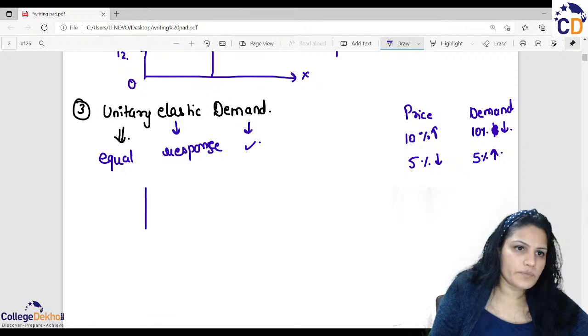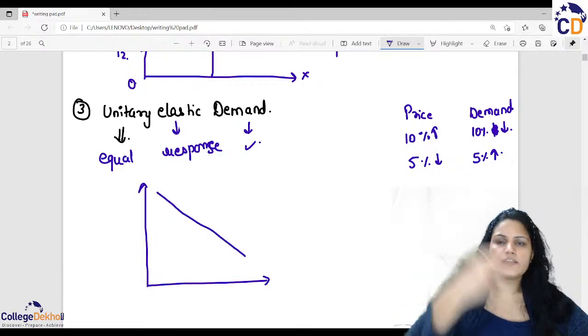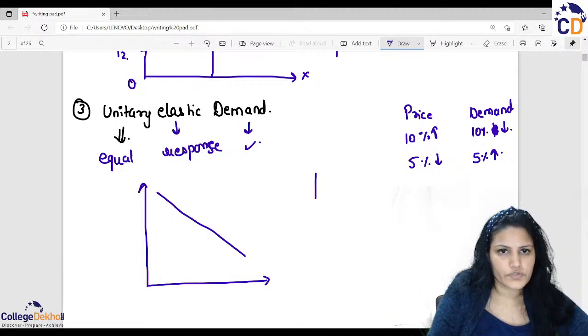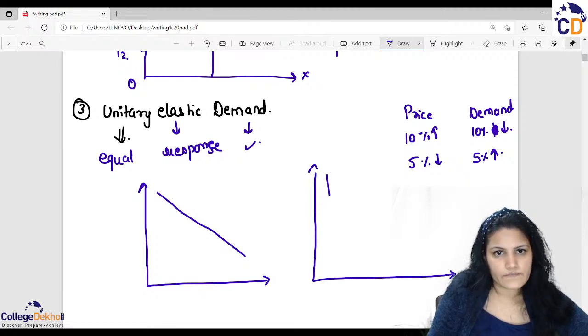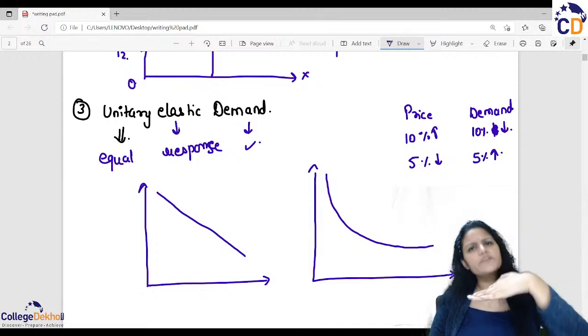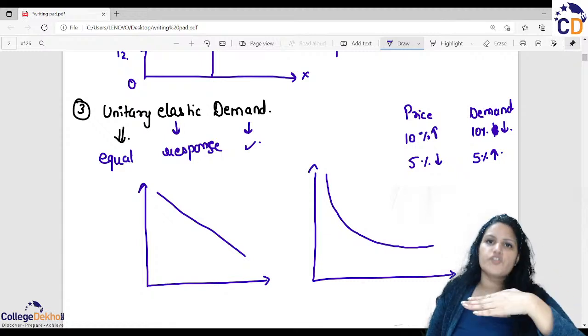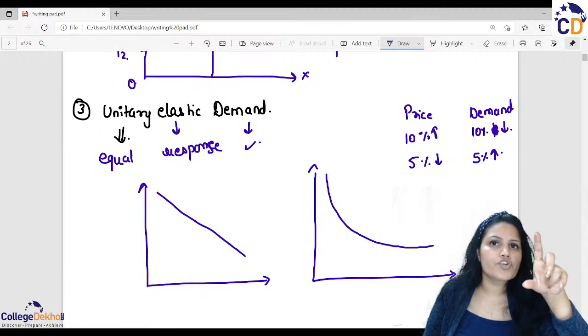So its diagram would be like this. It may be like this as we learned in the theory of demand or the introduction of demand chapter, or it would be like this type. For that, it automatically is going to be downward, but the shape may be changed, and the shape change basically shows the proper and proportionate change.